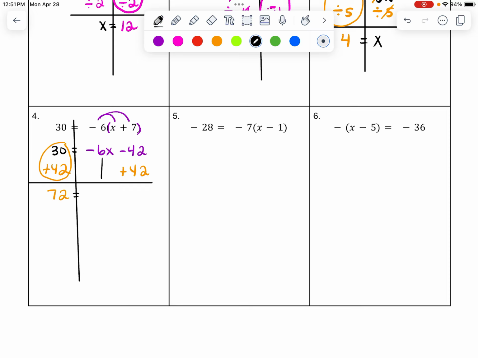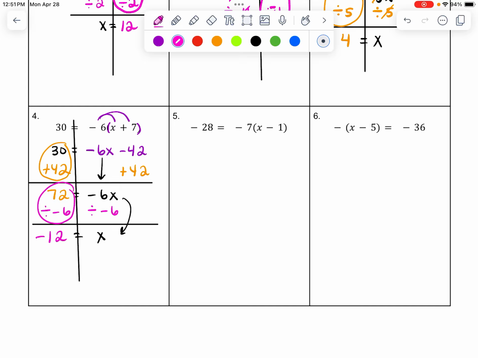And we're going to drop down the negative 6x. Then we're going to divide by negative 6. And that's going to give us x equals 72 divided by negative 6, which is negative 12.